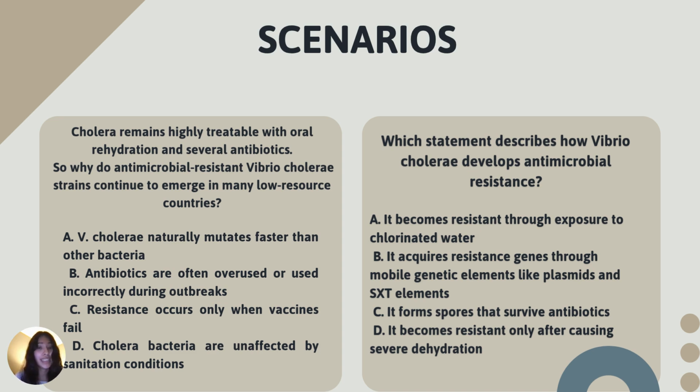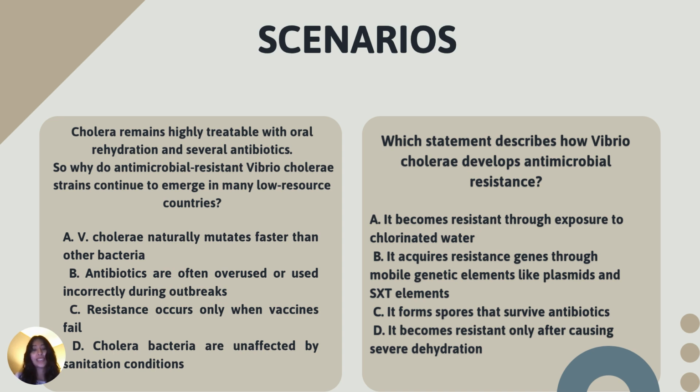The second one: which statement describes how Vibrio cholerae develops antimicrobial resistance? A, it becomes resistant through exposure to chlorinated water. B, it acquires resistance genes through mobile genetic elements like plasmids and SXT elements. C, it forms spores that survive antibiotics, and it becomes resistant only after causing severe dehydration.